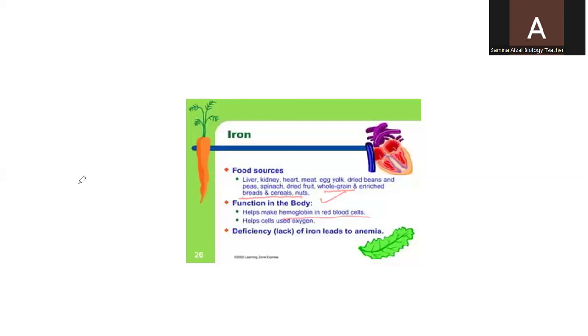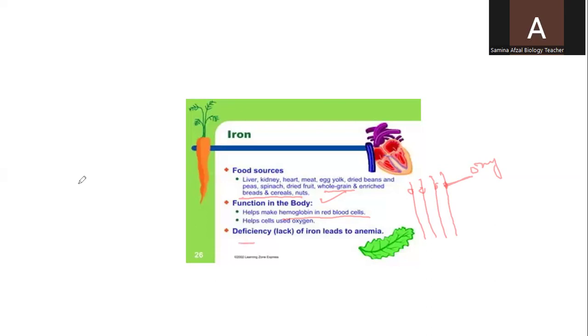It helps make hemoglobin in red blood cells. And you know, students, hemoglobin contains 4 chains, and all these 4 chains have a heme group in them, and that heme group needs iron. Oxygen is attached to them, and then oxygen is able to be transported in the body.